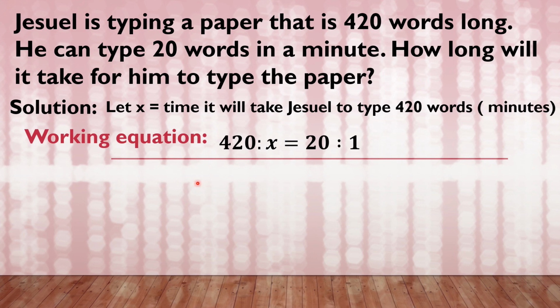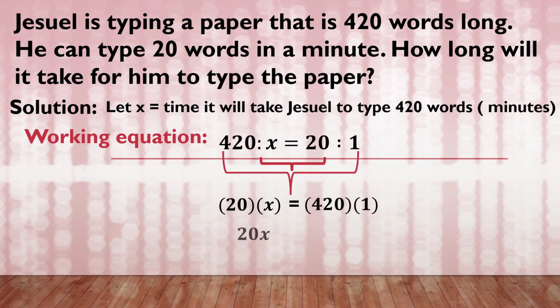So 420 is to x as 20 is to 1, no? Kasi ang ratio na ang natatype down niya ay 20 words per minute. So ito siya. So ito naman 420 ilang, ilang minuto. So using the product of extremes property or multiplying the means, so you have 20x and the product of the extremes is equal to 420.